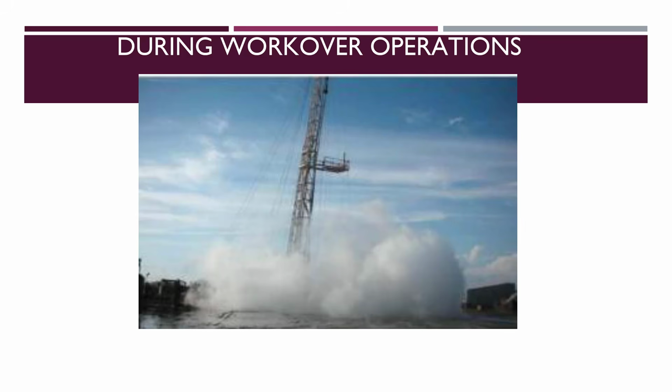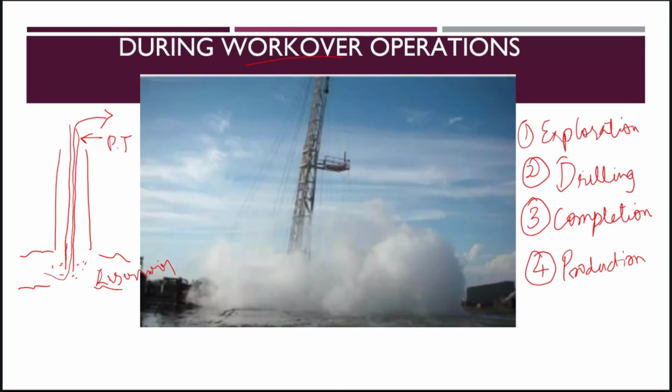If there is a problem with this tubing and you want to change it, or any component is damaged, or some debris has deposited downhole and you have to do a clean out operation, all this maintenance of the well is known as workover. So when you are doing a workover operation, or well intervention, you can get a blowout or kick if you don't take care of the safety standards.